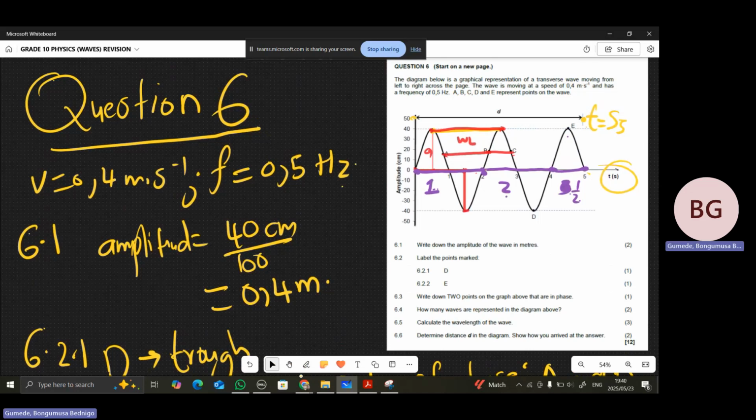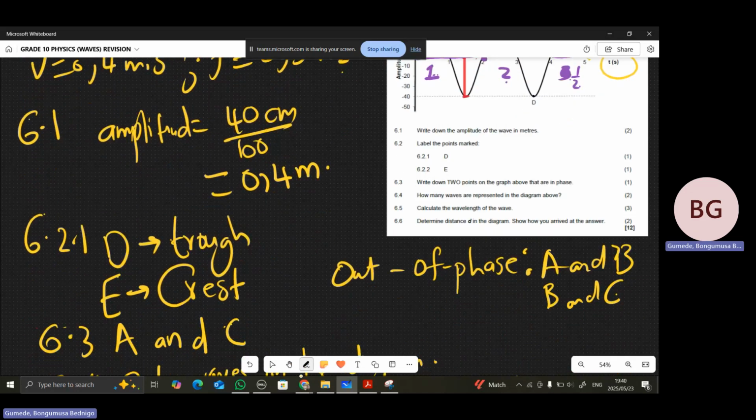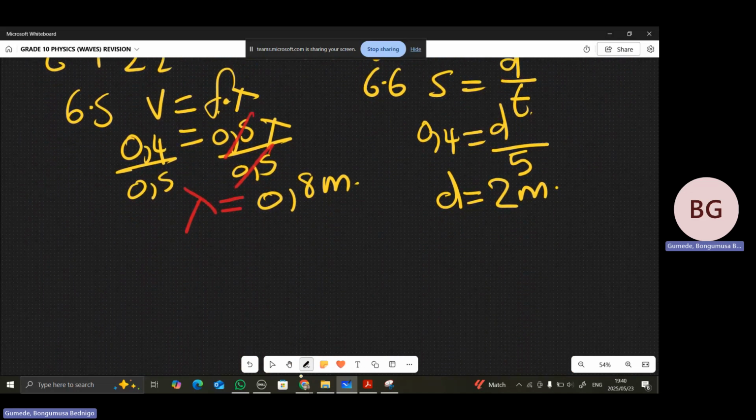Now, another way you can do it, this 6.6, just think about this.